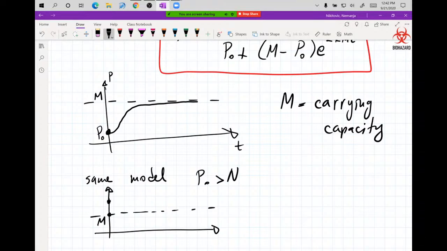If you graph a curve, it's just going to do whee, and it's going to drop down because the environment cannot sustain the population. So those who were not competitive enough to get the food and the resources, they die off, right? Same thing with jobs, right?